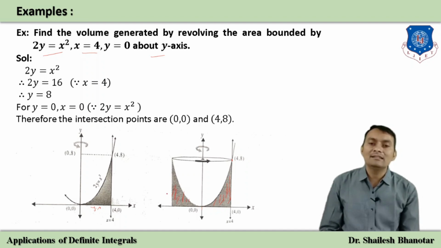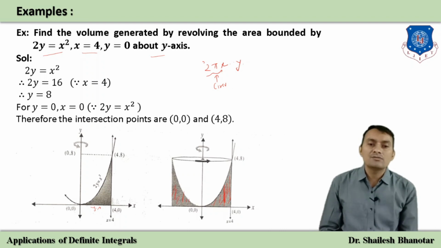After revolving, I'm going to focus first on the circumference. What will be the circumference? That is 2 pi r, where r is parallel to the x-axis, so it is 2 pi x. Then the height is parallel to the y-axis, so it is y.